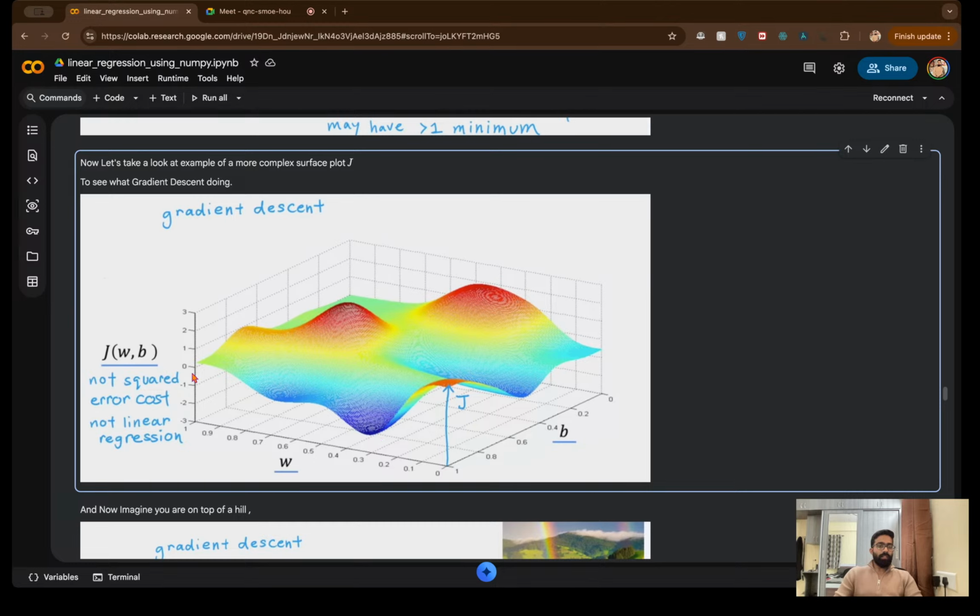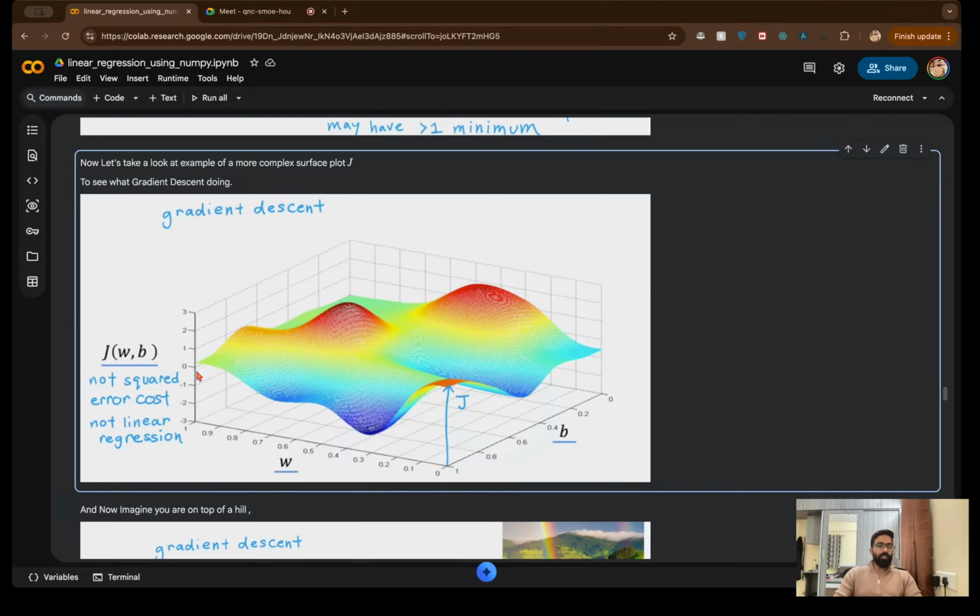The z axis defines the loss J, the x axis defines w, and the y axis defines b. Let's say I'm at the red point where the loss is high. At the red point, there is a certain value of w and b, and the loss is obviously high. We are at the highest point.